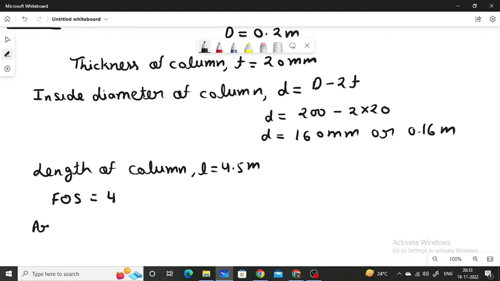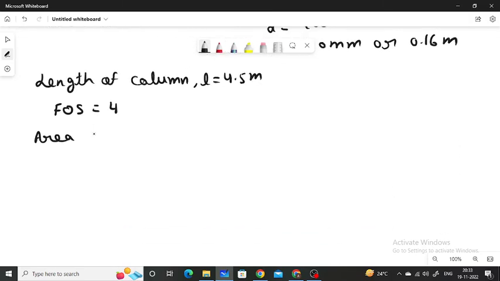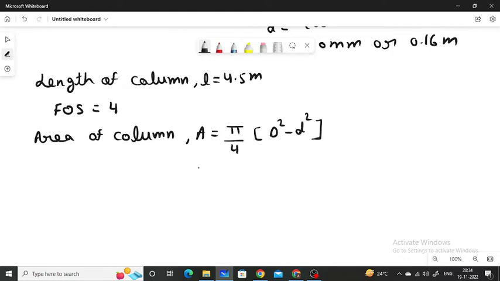Now the area of the column A will be equal to pi by 4 capital D square minus small d square, or A will be equal to pi by 4 times 0.2 square minus 0.16 square.